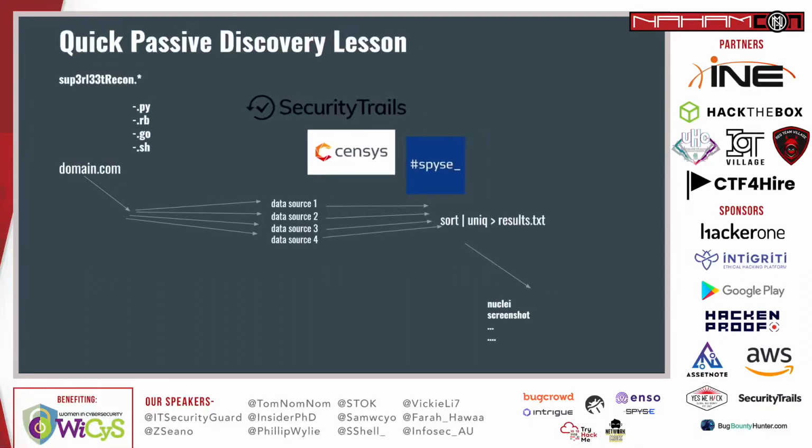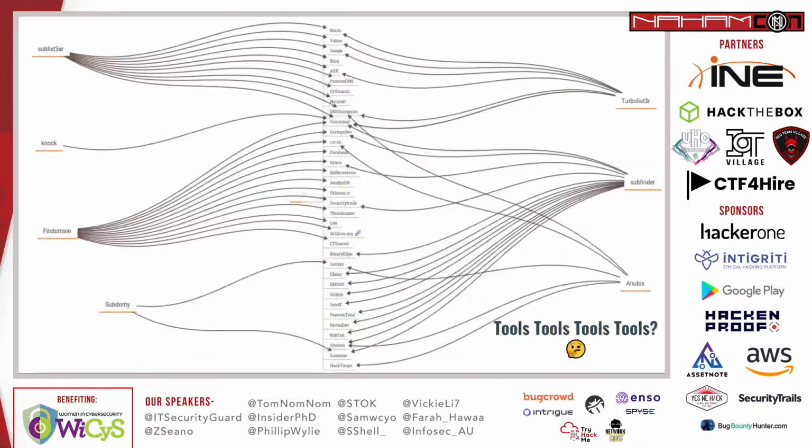So let's have a closer look into some of the most used tools for passive enumeration. I have put together this graph which links the used data sources to its tool. If you have a bit of a closer look, you can quickly identify that the usage of data sources is pretty inconsistent, and almost every tool there is uses a different set of data sources.